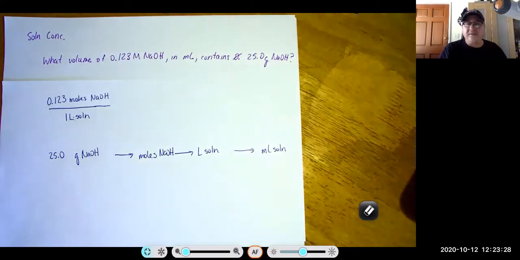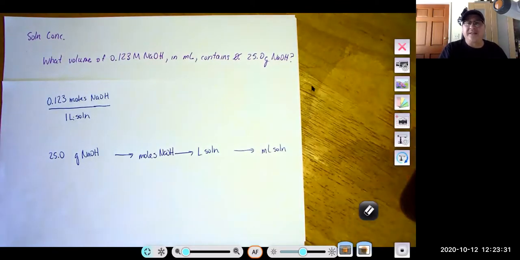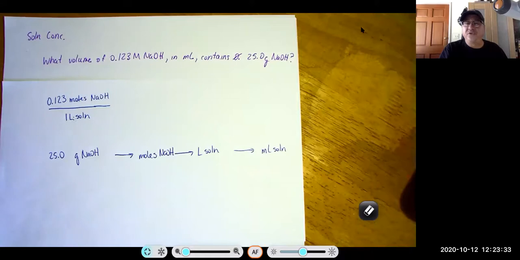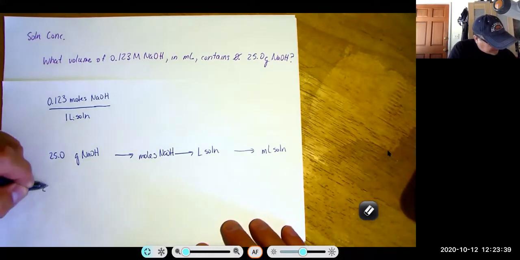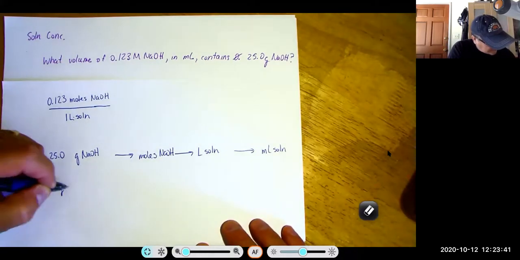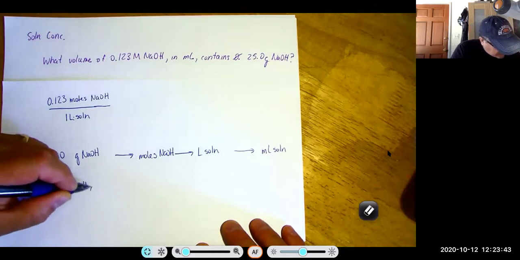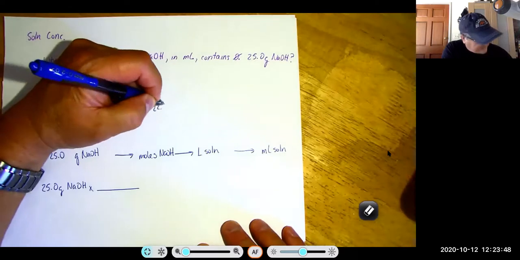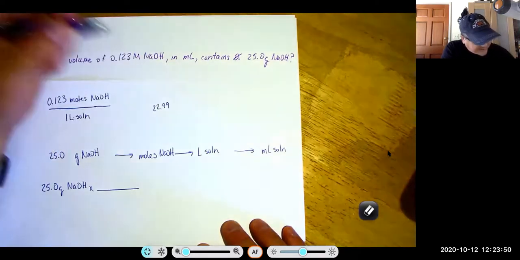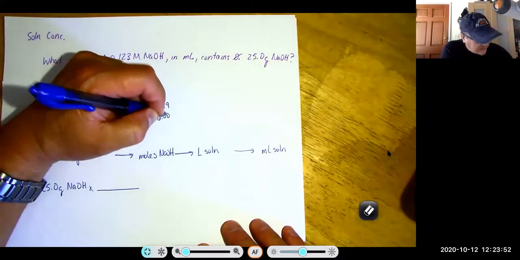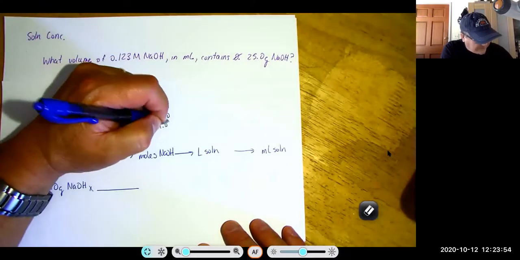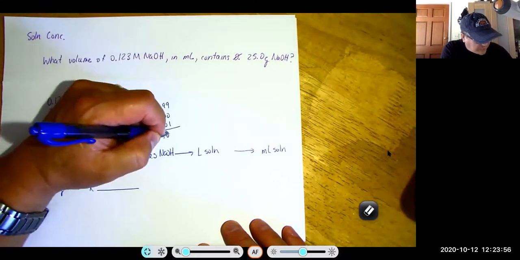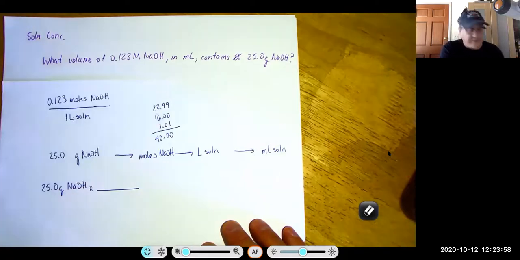So now let's take a look at the process. Now the molar mass of sodium hydroxide is 22.99 plus 16.00 plus 1.01, which puts us at 40.00.